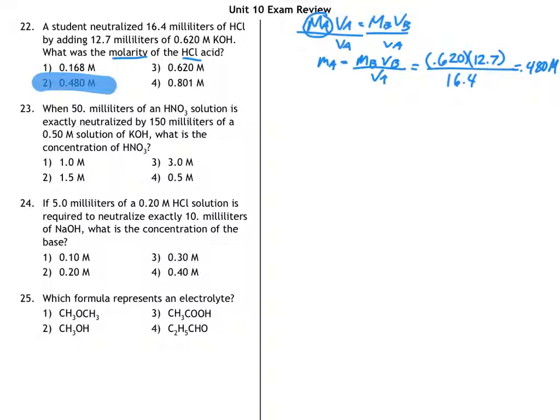Let's do another one. When 50 milliliters of an HNO3 solution is exactly neutralized by 150 milliliters of a 0.5 molar solution of KOH, what's the concentration of HNO3? So we are being asked for the molarity of nitric acid.